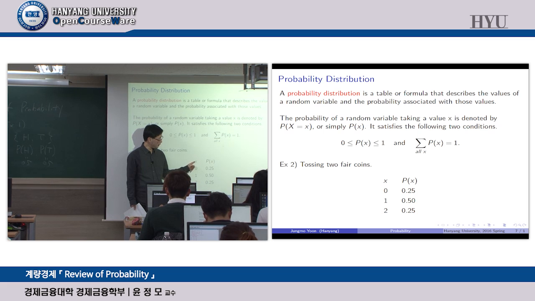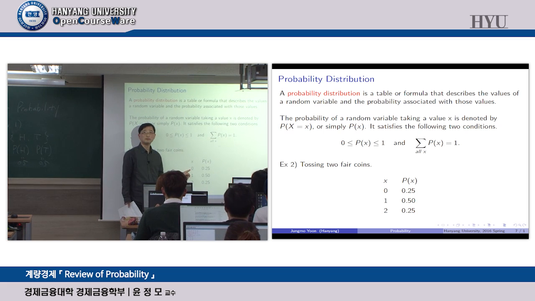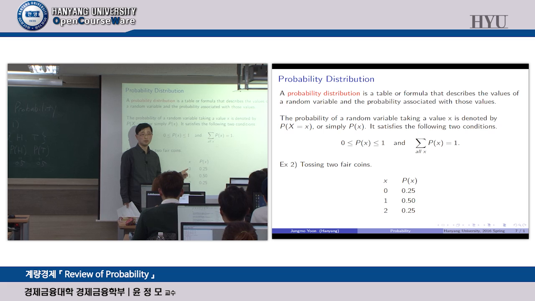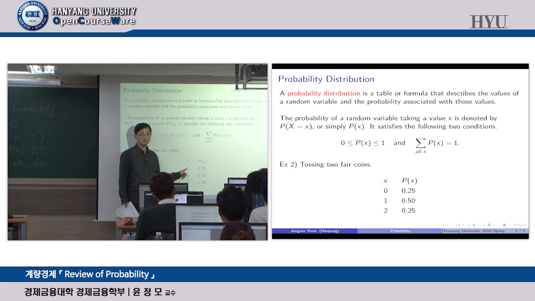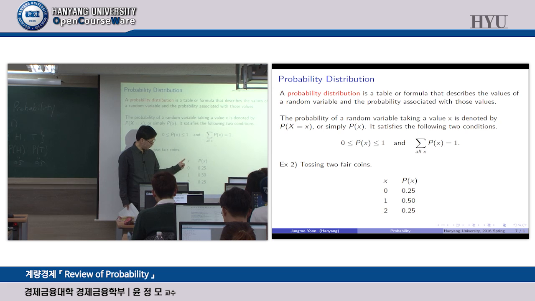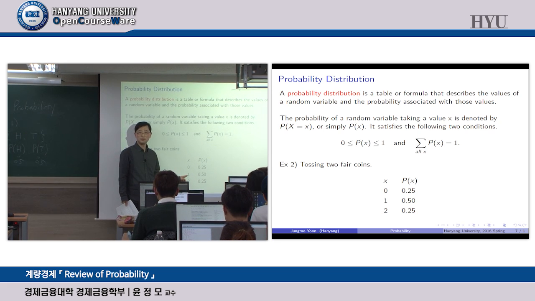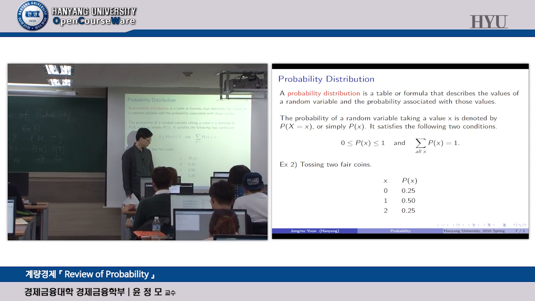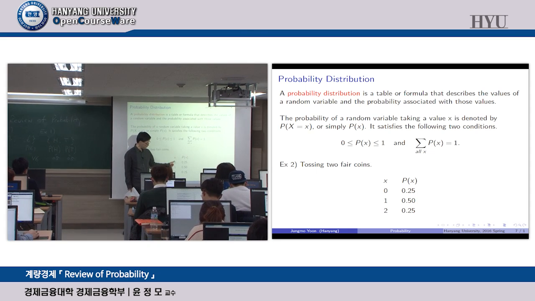What is the probability that you have no heads when you throw 2 coins? That's 1 over 4, right? 1 over 2 times 1 over 2. What is the probability that you have 1 head? That's 0.5. 2 gets 0.25. So when you have these 2 things, the value of the random variable and its probabilities, you have a distribution.